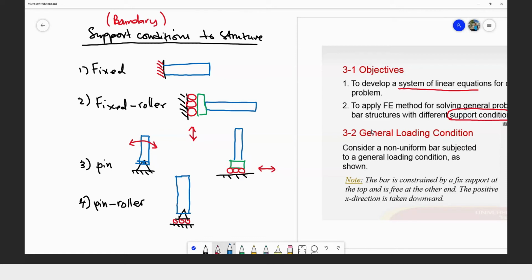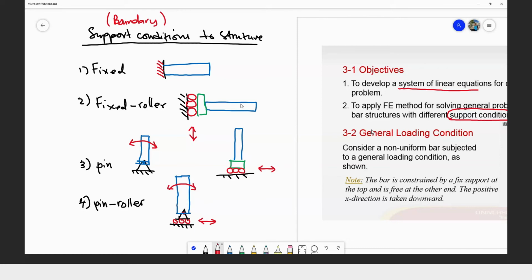So in this pin roller support condition, the structures can rotate to the left and to the right about this point, and at the same time it can move to the left and to the right. So dia ada banyak sikit lah darjah kebebasan dia, kan. Dia bebas bergerak ke kiri ke kanan, dan dia boleh bebas bergerak in rotation.